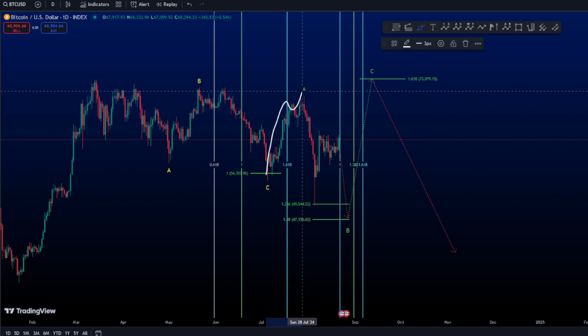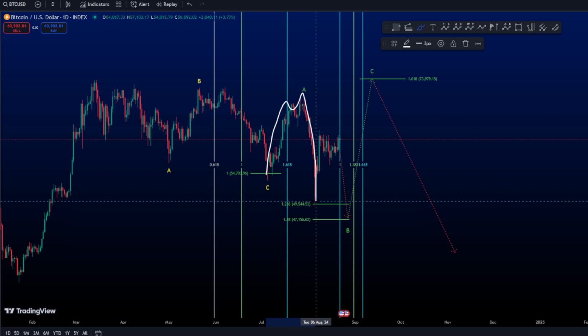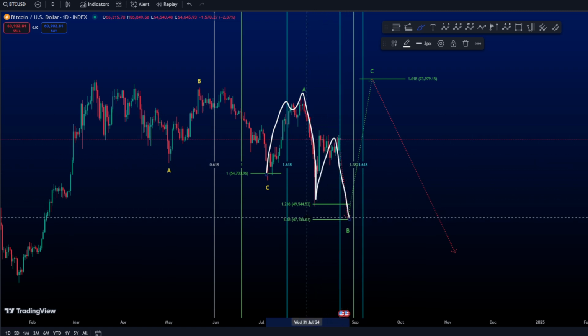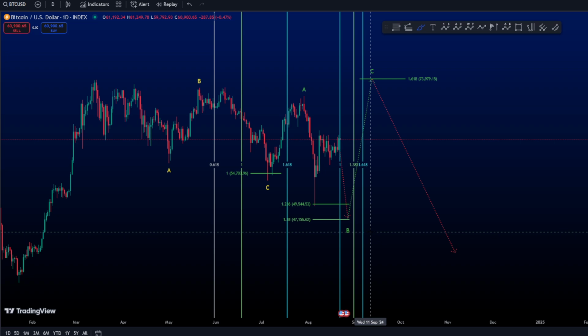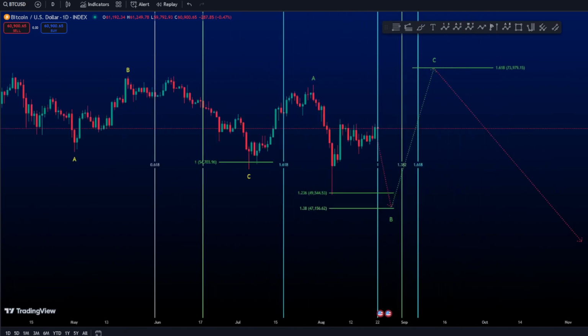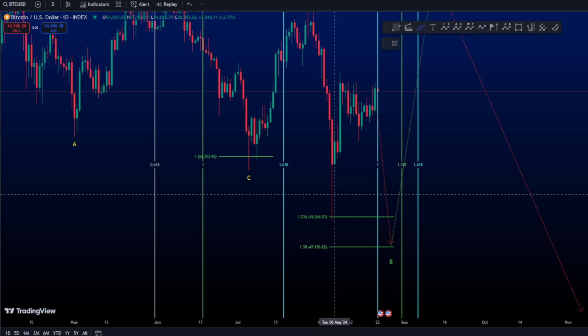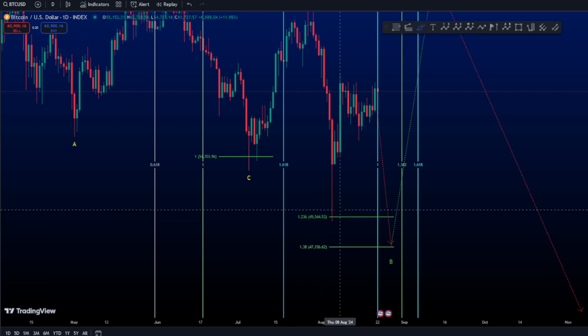So we have 3 waves A, B, and we are still looking for 3 waves to finish the B exactly on the 1.38 fib level, which is most common for a wave B. However, what I want to mention is that even the 1.236, which is also a common fib level for a wave B, has been exactly hit and rejected.